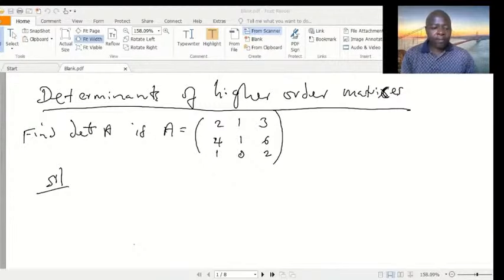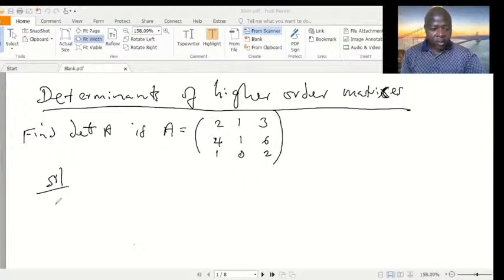Now, this method I want to show you, we are calculating the determinant along a row or along a column. So identify a row and find the determinant along that row. For instance, I want to do my determinant along the first row. So I come to this position of 2 here.